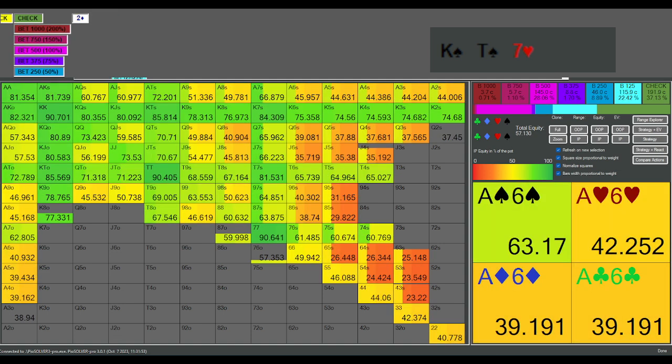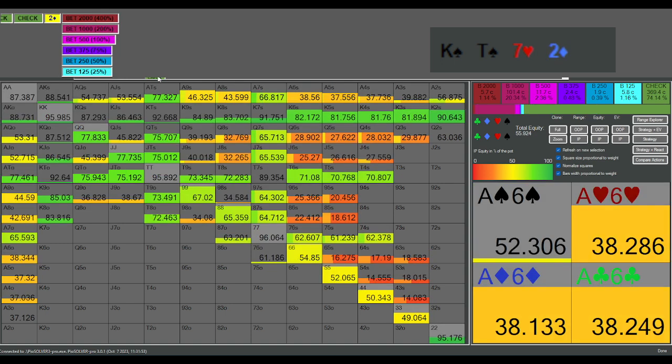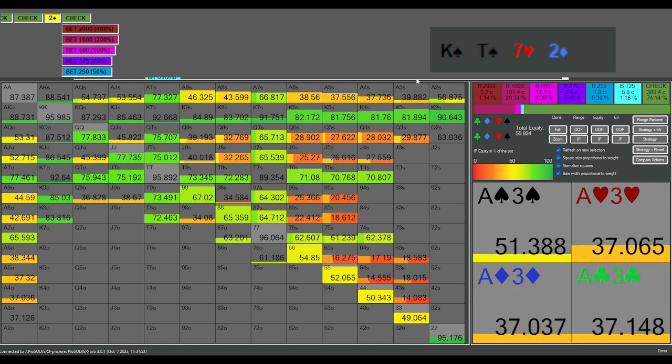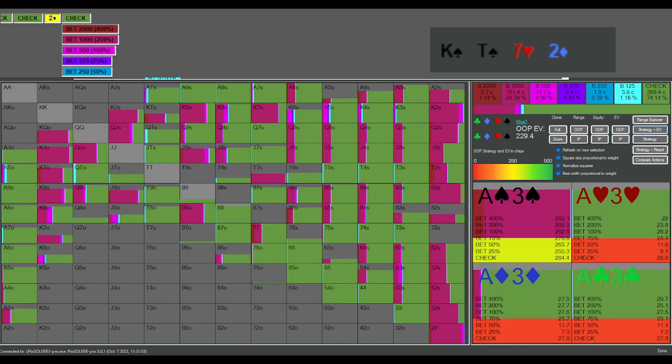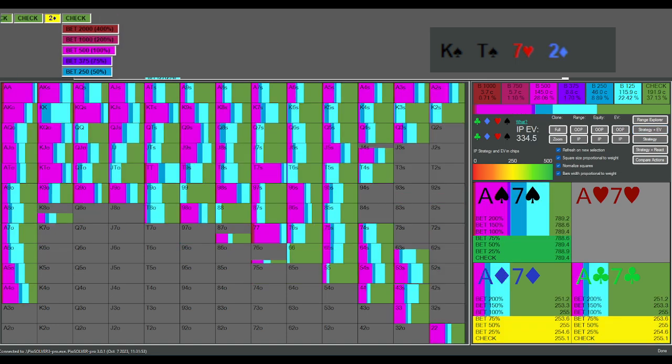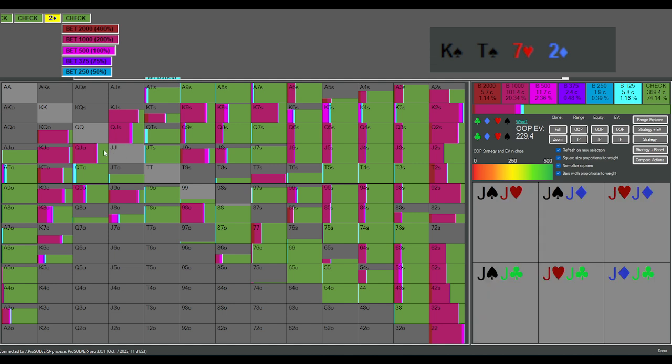So the only reason the in position equity dips so slightly after it goes check is just because they're going to be betting their nutted hands on the flop, but they should still have plenty of top pair that check back the flop, and hands that interact with this board in general.